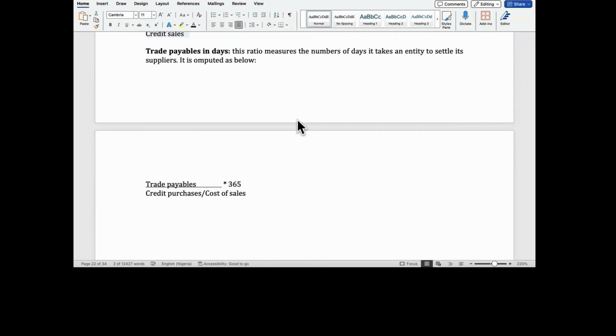The supplier has extended more credit days to them, which is why they have extended trade payables in days, because they are a liquid entity. The only reason the payables in days might be increasing is that the supplier gave them an extended period because they have the money to pay. So that's trade payables in days.